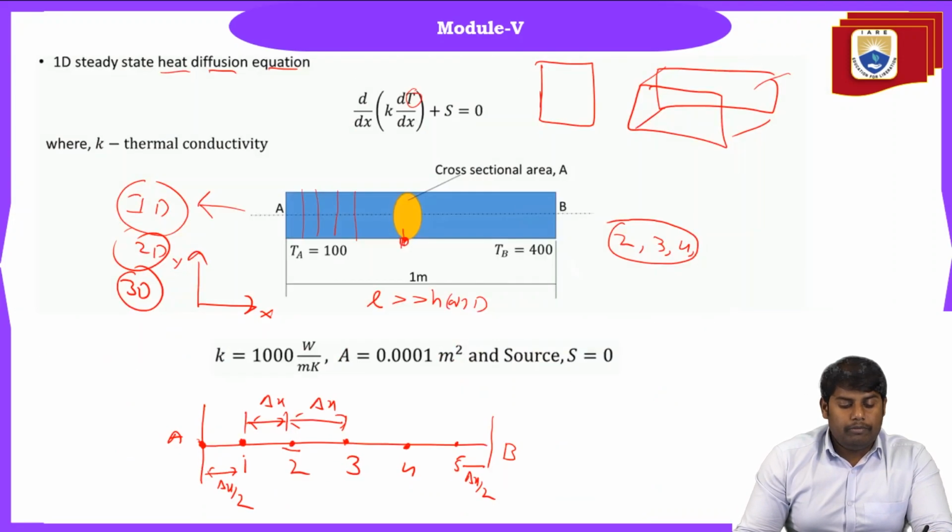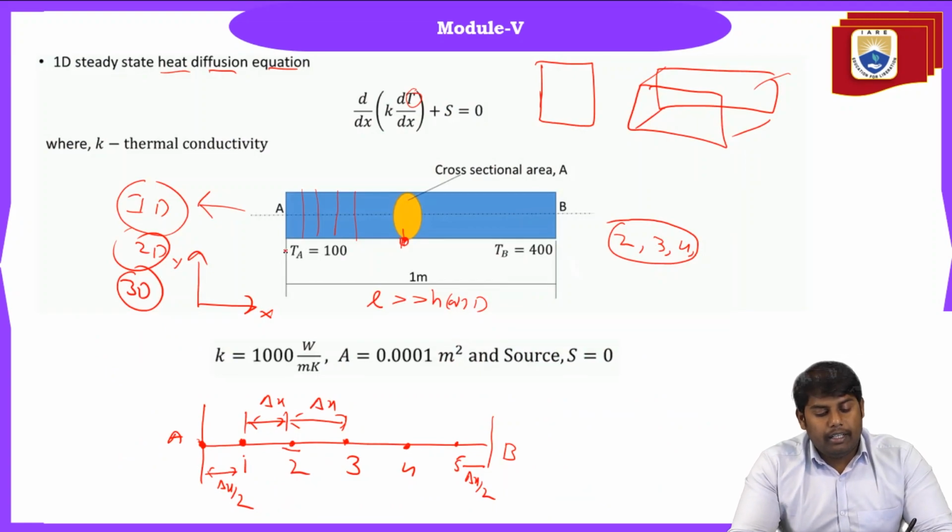In the problem we have seen that at station A the value of temperature is 100, and at station B the value of temperature is 400.